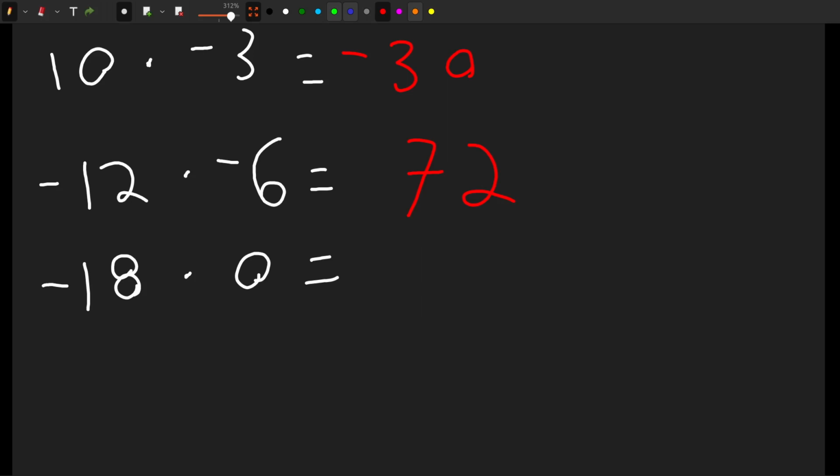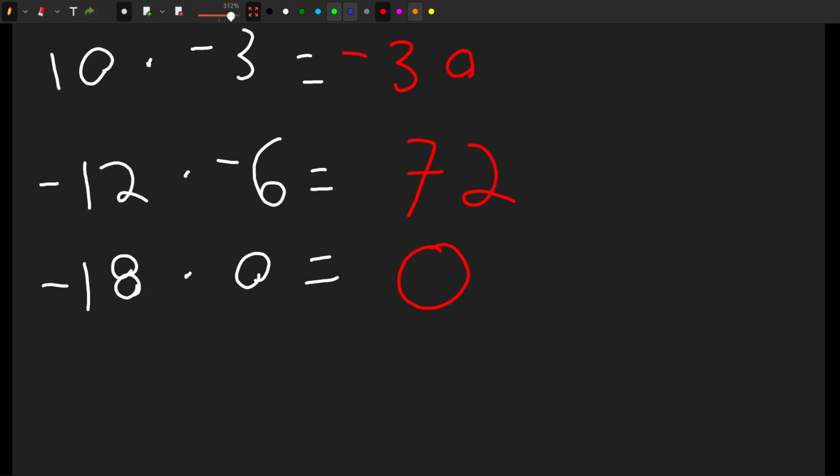All right. The last question here. Negative 18 times 0. Some of you probably already know the answer to this. Anything times 0 is 0. So this answer is 0. It doesn't matter. Also, 0 cannot be positive or negative. It's just 0. Why is that?